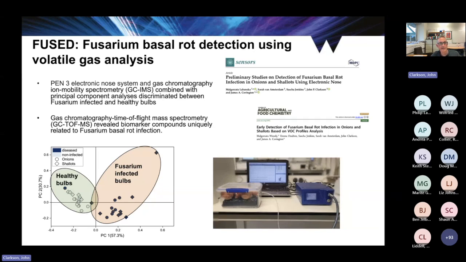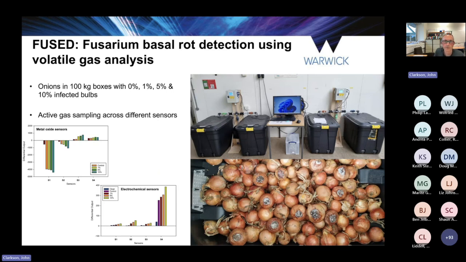Within these electronic nose systems there are different sensors, and you can go on to test whether those sensors can distinguish healthy from infected bulbs, knowing something about those gas biomarkers. Within the FUSE project, that's what we did. Here's a very crude setup that we put together here at Wellesbourne.